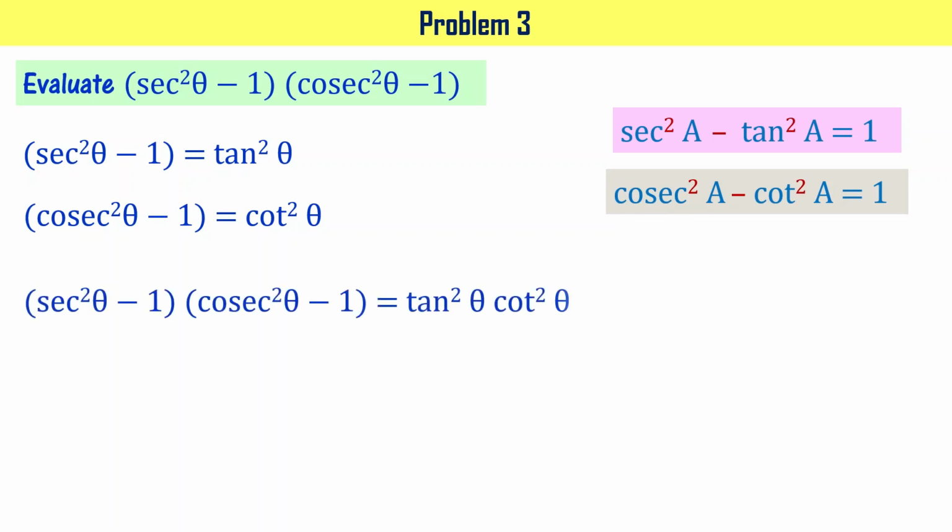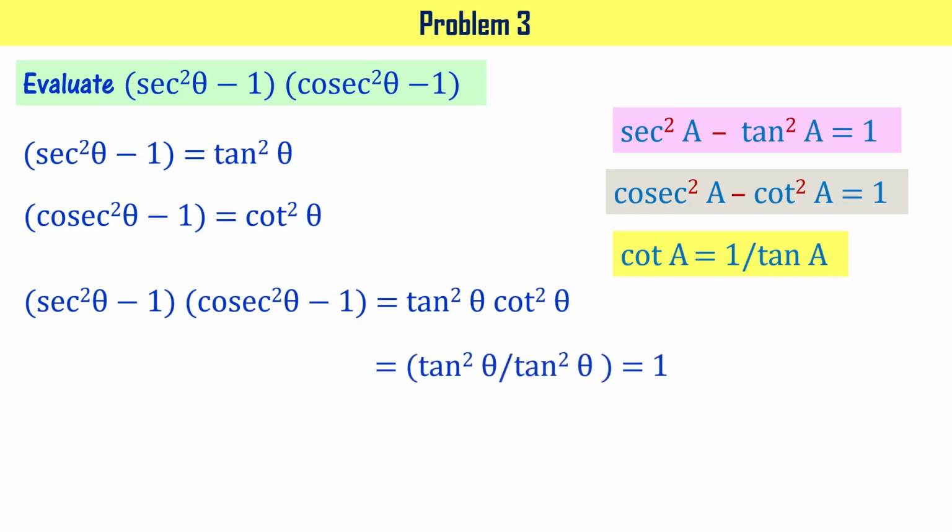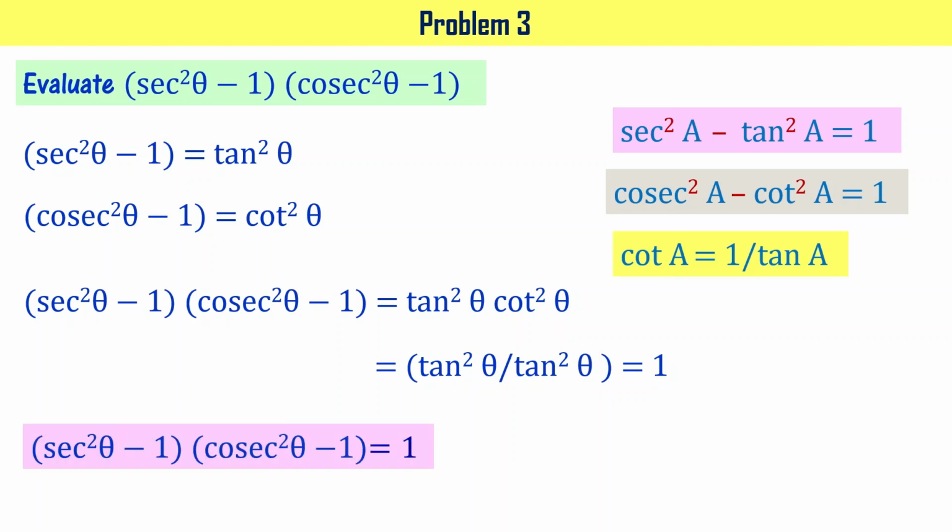So the given problem now becomes tan square theta times cot square theta, right? We know that cot a equal to 1 by tan a. So this becomes tan square theta divided by tan square theta, that is equal to 1. So to answer the question, sec square theta minus 1 times cosec square theta minus 1 equal to 1. Please take a note of that.